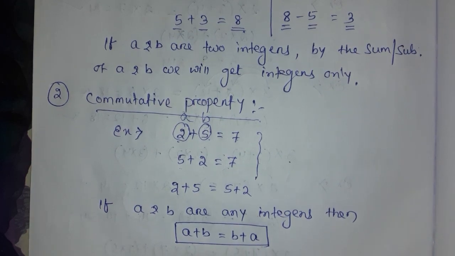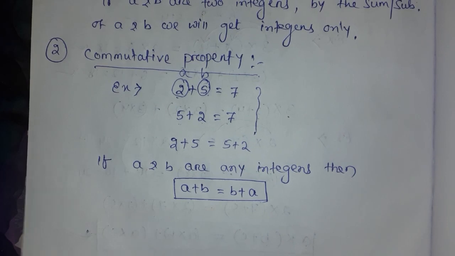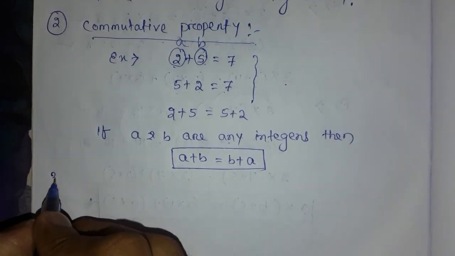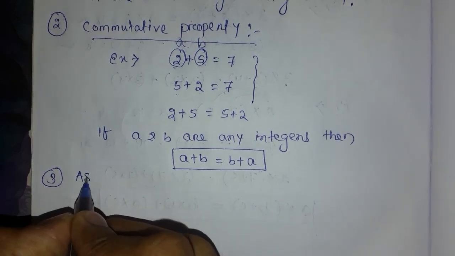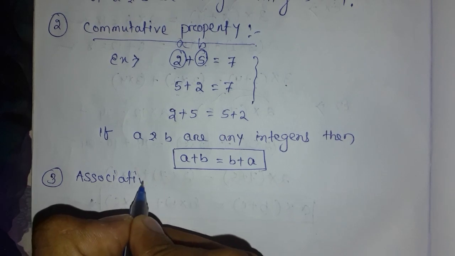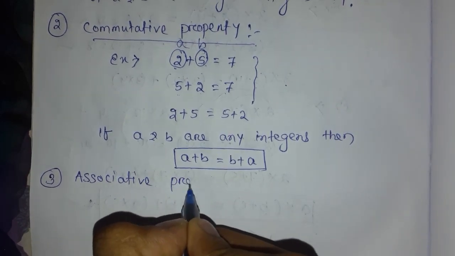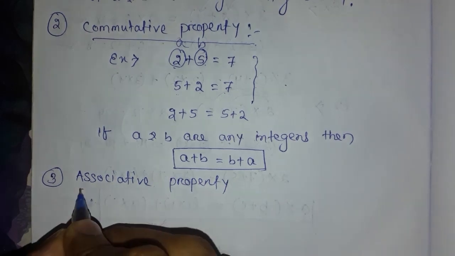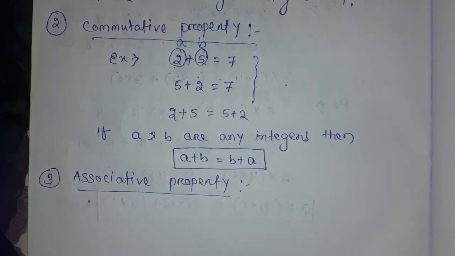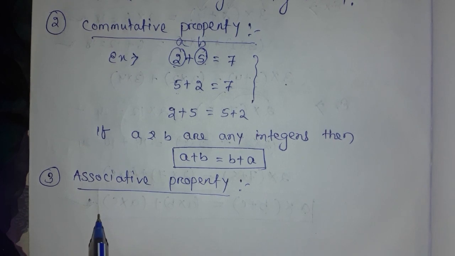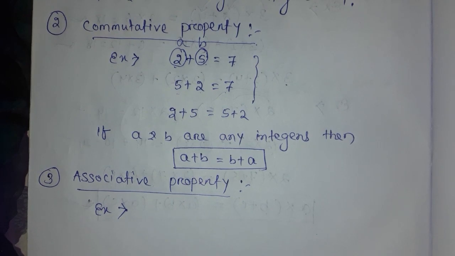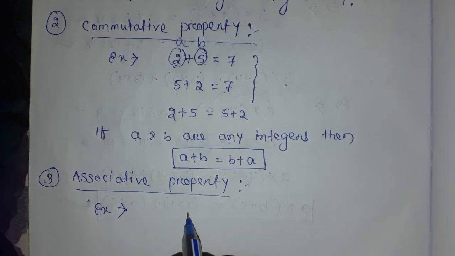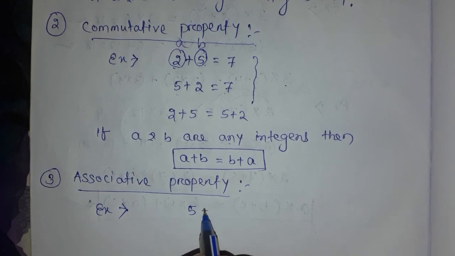The next property, property number 3, is the associative property. For example, for any three numbers, suppose we take 5 plus 7 plus 3.